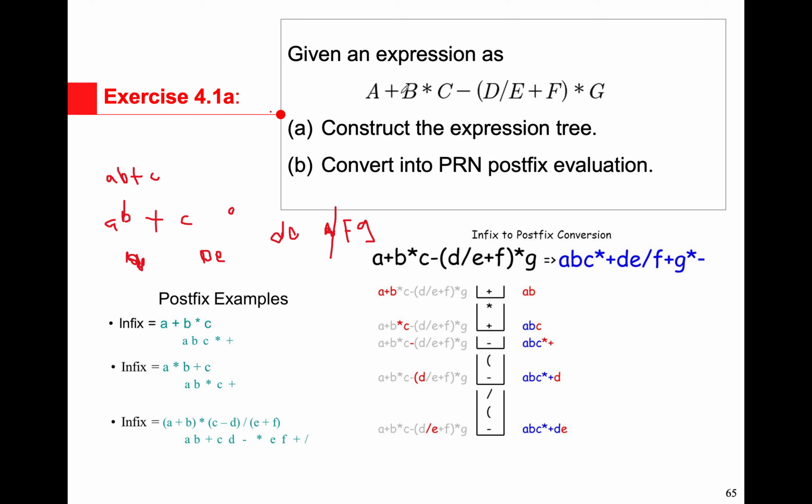So from here, you have the expression tree. What are you going to do?